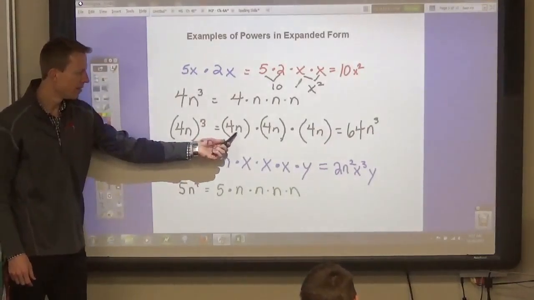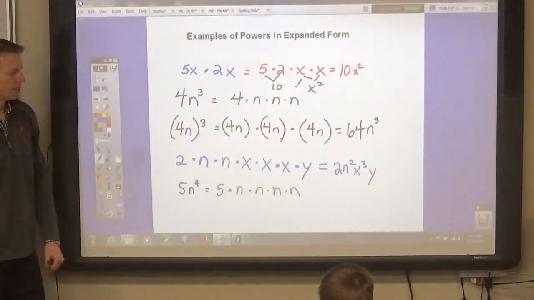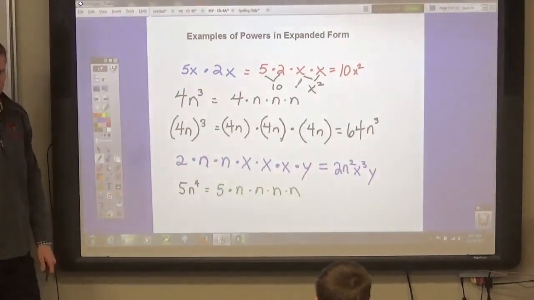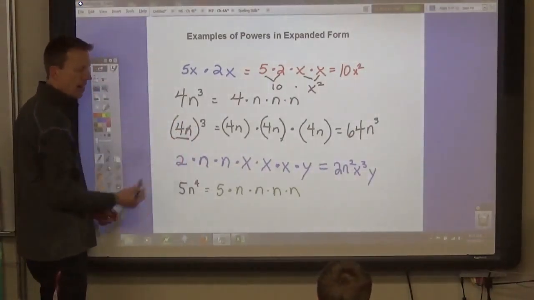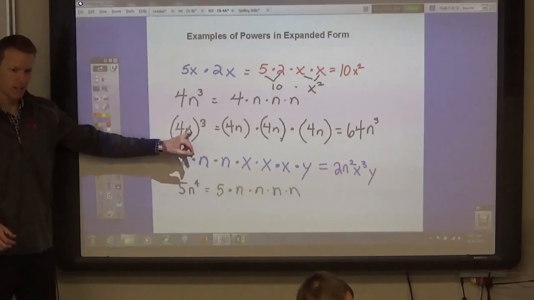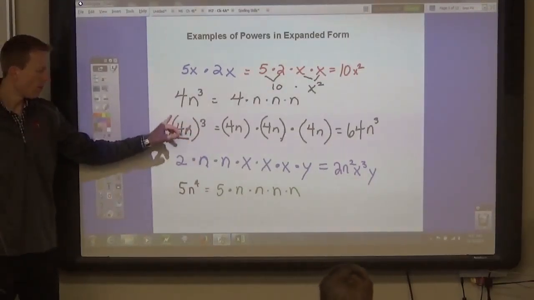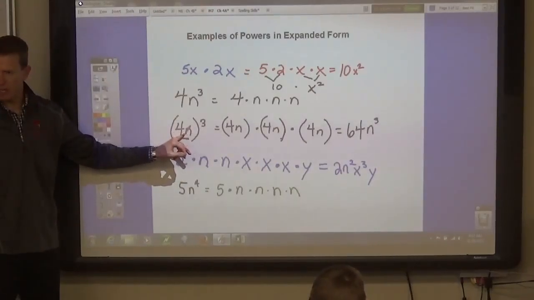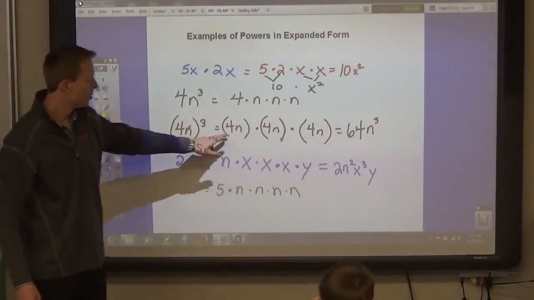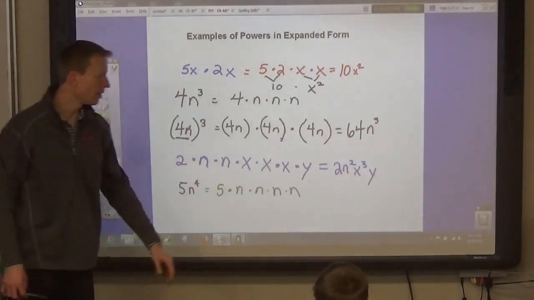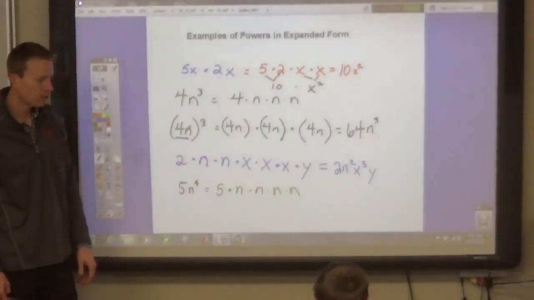So 4n times 4n times 4n. These parentheses put the base together, so everything inside of the parentheses is being taken to the third power. So 4n times 4n times 4n, and you can simplify that to 64 n to the third power.